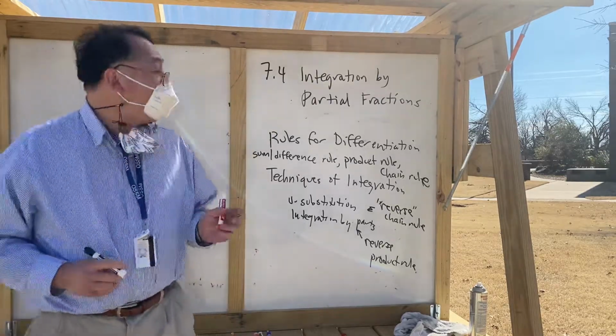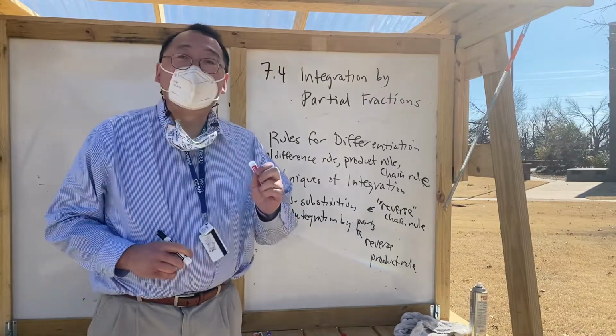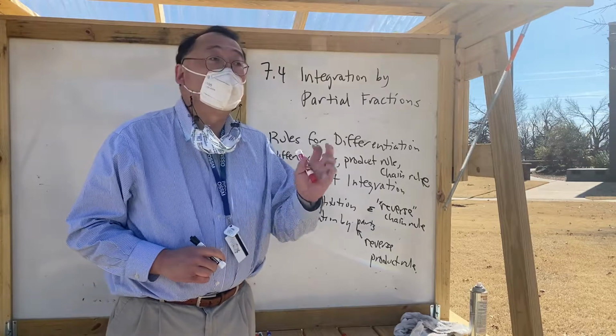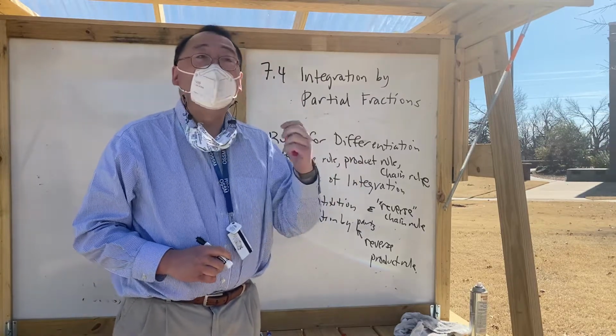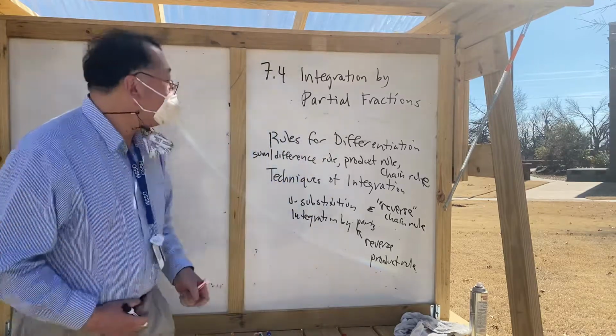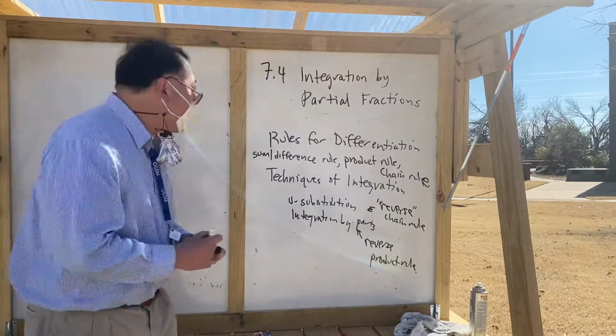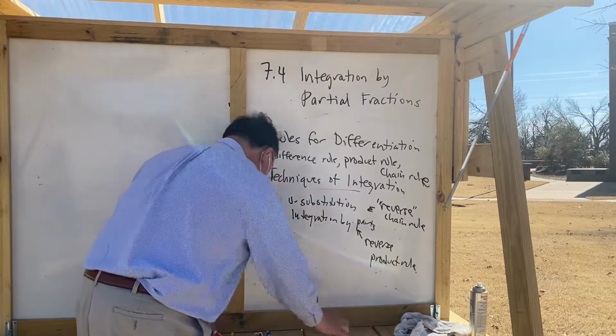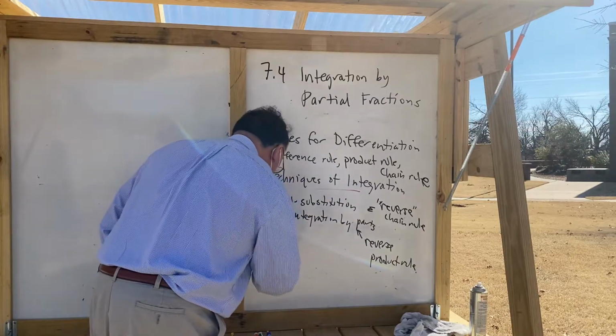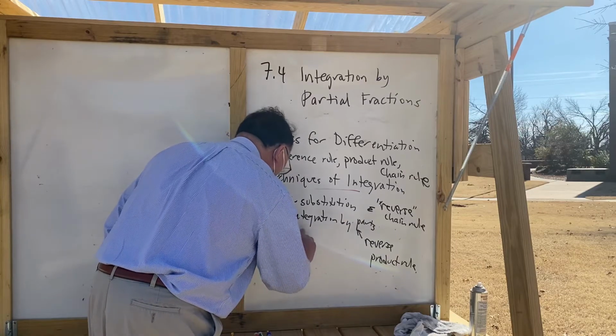What's the point I'm trying to make here is that for differentiation you have rules. You can look at something and say, okay, I'm going to apply the product rule, the chain rule, or some combination of different rules. But integration is basically guessing.